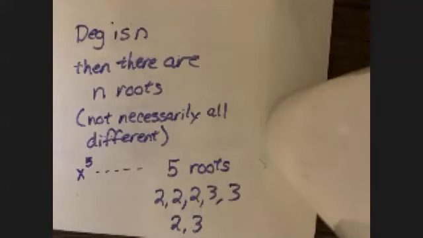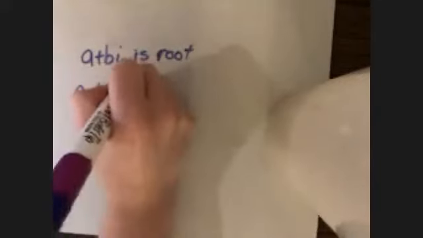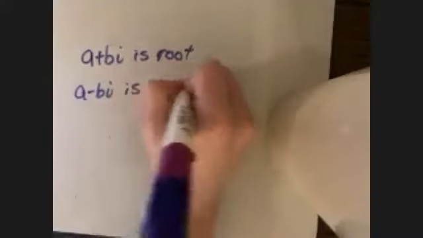Now, the other thing that comes out of the properties of roots is if a plus bi is a root, a minus bi is also a root.